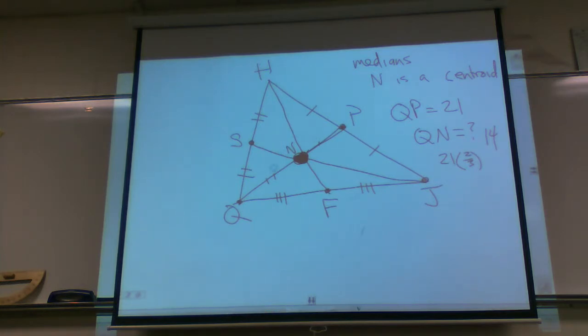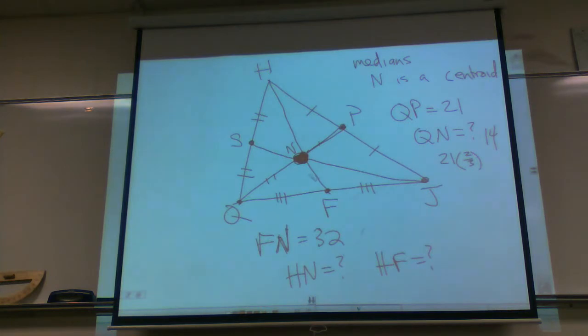All right, so that'd be an easy one. What if I did, say, FN is 32? So this would be a given, and I say find HN and HF.